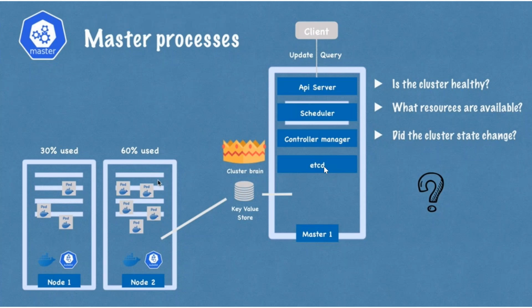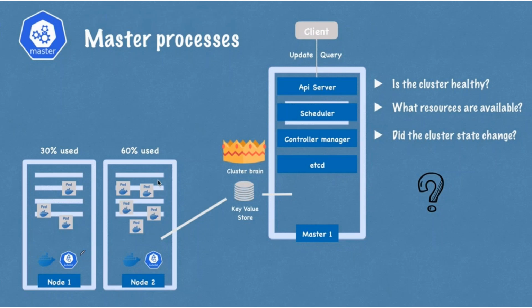But if they are different, let me say desired is 3 worker nodes, but the actual state is only 2 worker nodes available. So it will quickly tell my scheduler, schedule 1 more worker node here. The other way around, if the desired state is 1 but the current state is 2, it will delete 1 instance. So based on the command it gets from my control manager, the scheduler will do that activity. These are the 4 components you find on the master node.